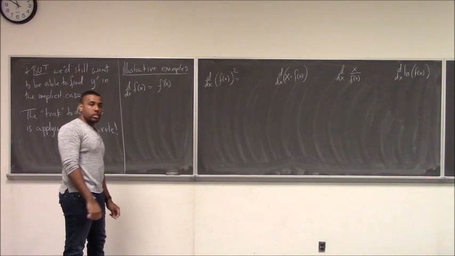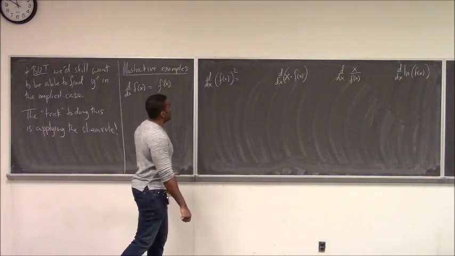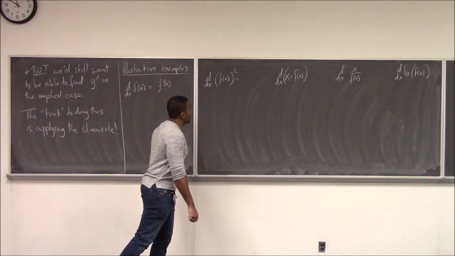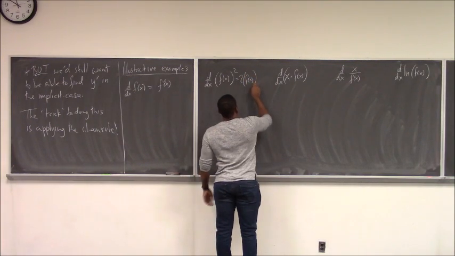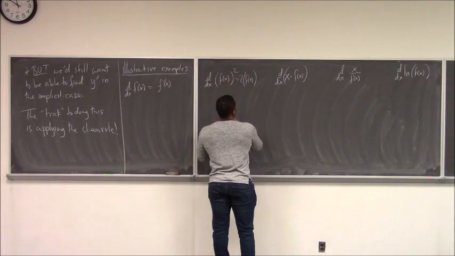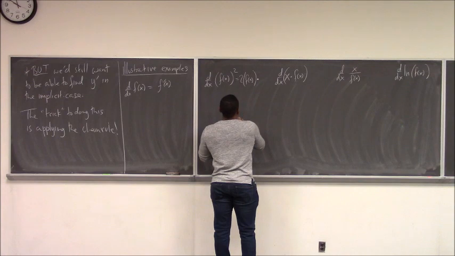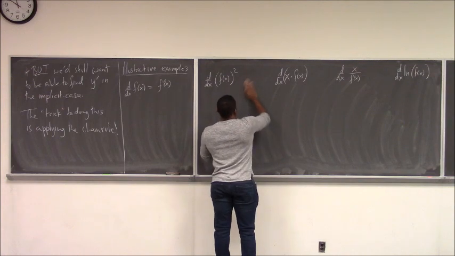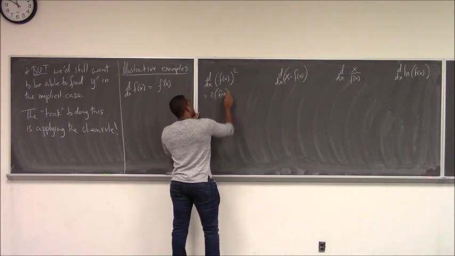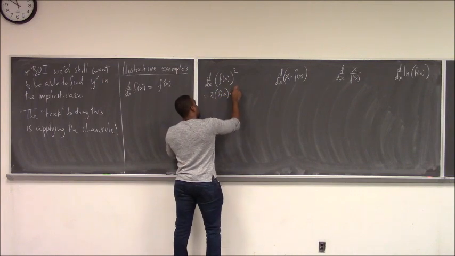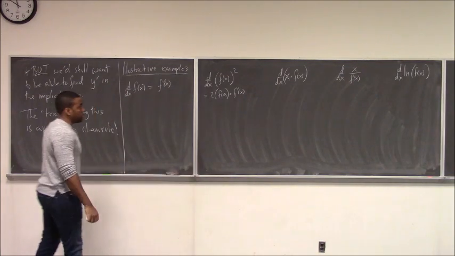How do you differentiate that? 2 f of x times f prime. 2 f of x, right? That's differentiating the outer function. And then you have to multiply. So we'll bring the 2 down, leave the inside alone, then we have to multiply by the inner function derivative. That's us applying the chain rule.